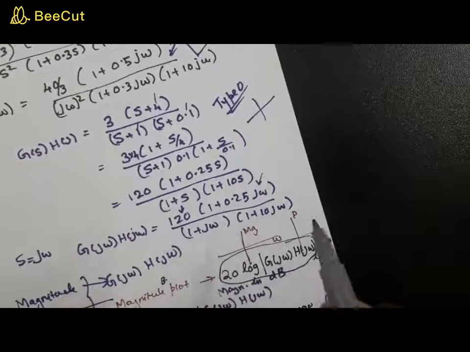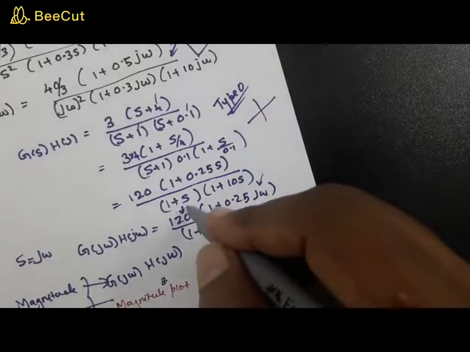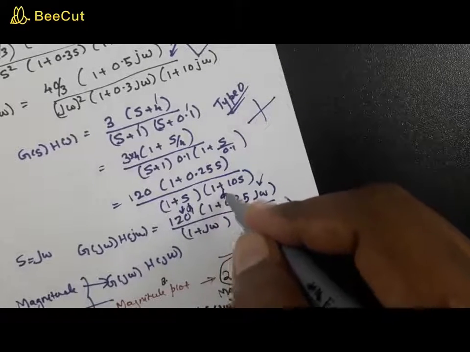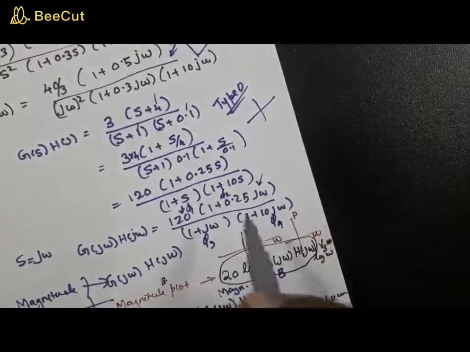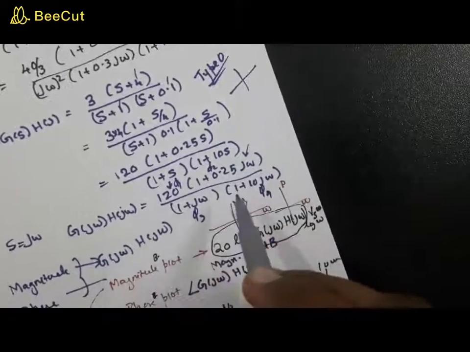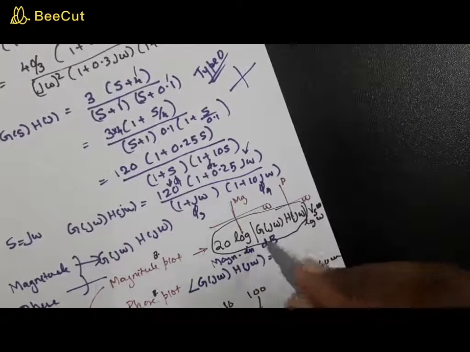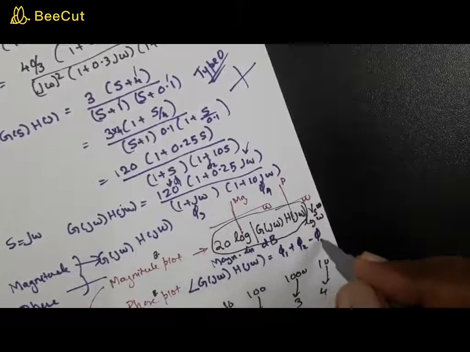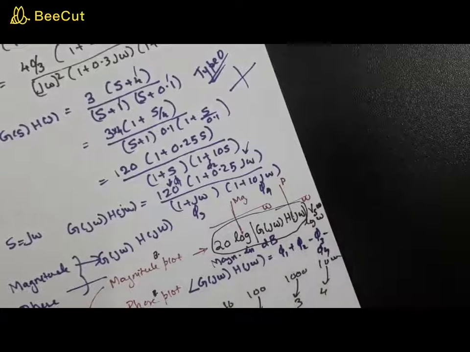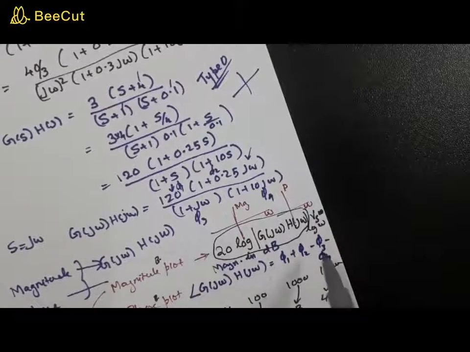Suppose this is phi 1, this is phi 2, this is phi 3, and this is phi 4. If these are the individual phases of each term, what you need to do is simple: phi 1 plus phi 2 minus phi 3 minus phi 4. Okay, hope you understood. And what are phi 1, phi 2, phi 3?